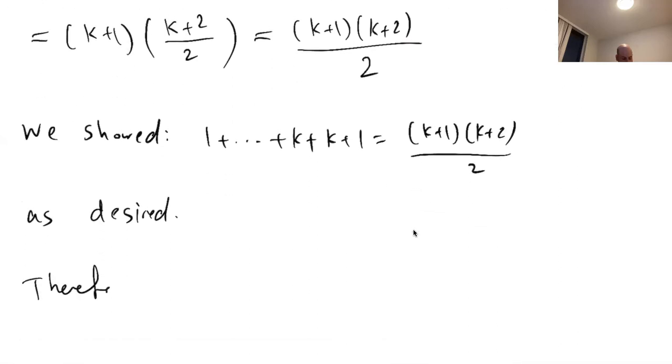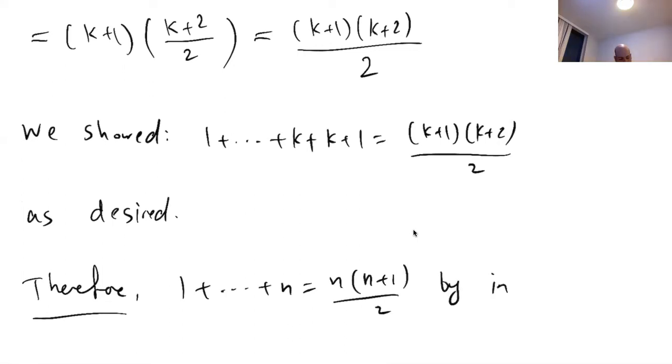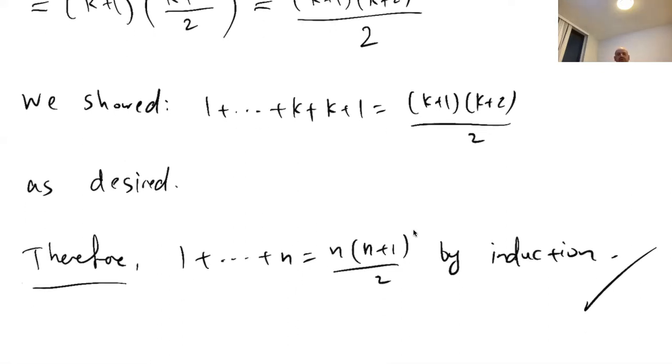Therefore, we can say that 1 plus all the way to n is equal to n times (n plus 1) over 2 by induction, or mathematical induction, or we can just say by induction. This is the formula I wanted to show, and we proved it by induction.